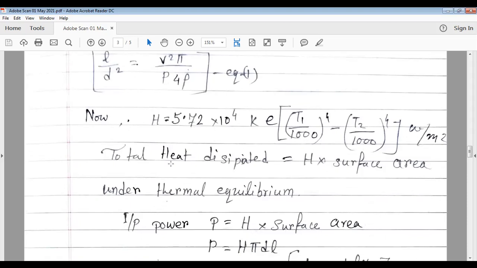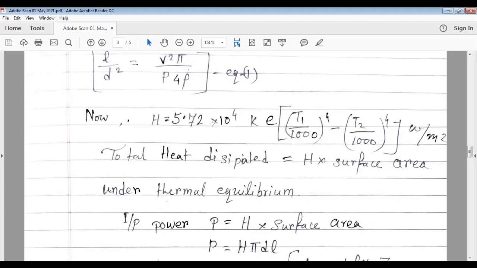Now the total heat dissipation is H into surface area. You are designing a nichrome coil for your heater, so the total surface area is required.